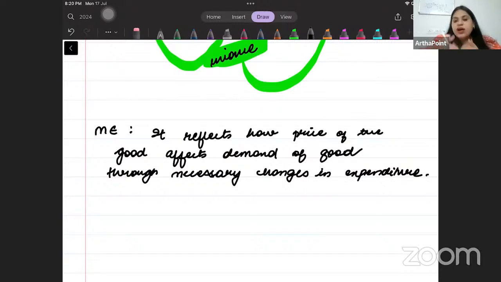How the price of the good affects the demand through changes in the expenditure. This is what it tells, right?